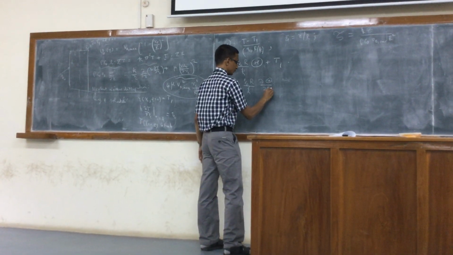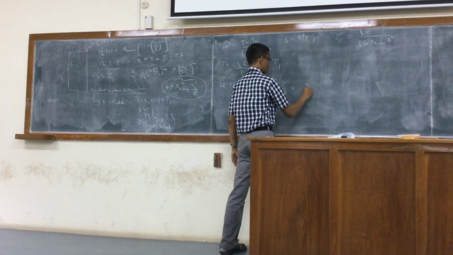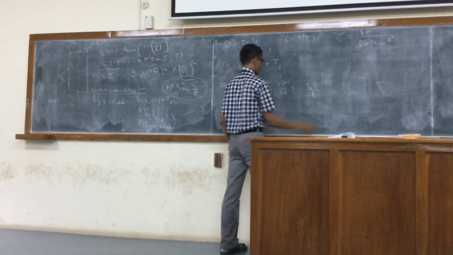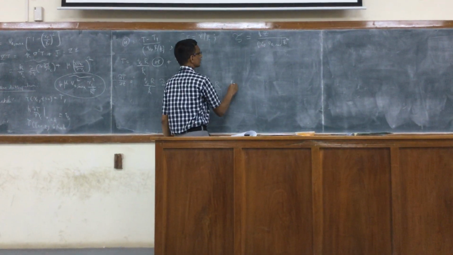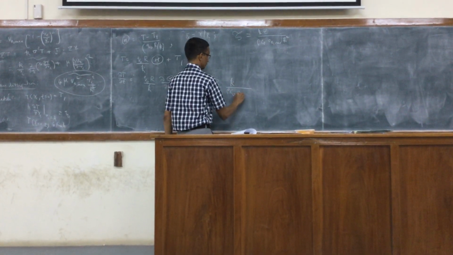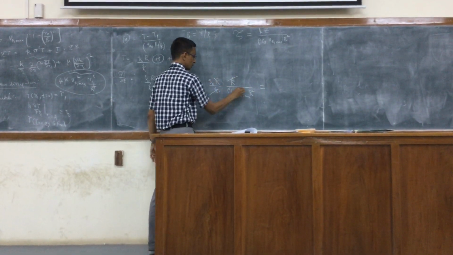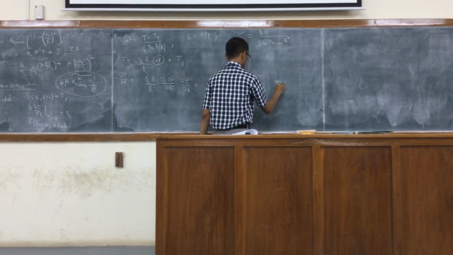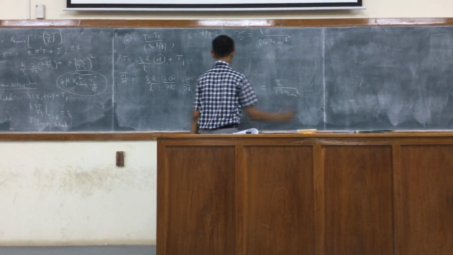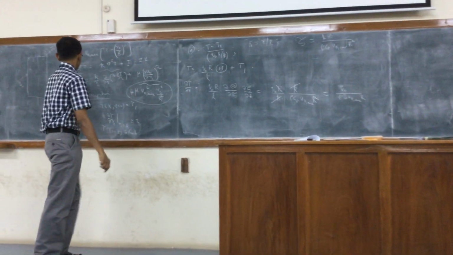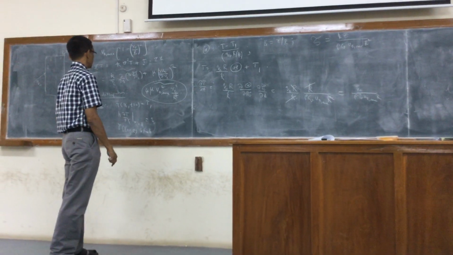So I can write this as Q naught R by k, and the d by dz is k by rho Cv R square, which is Q naught by rho Cv Vz max times R. That's what we get, so I have to substitute that there.